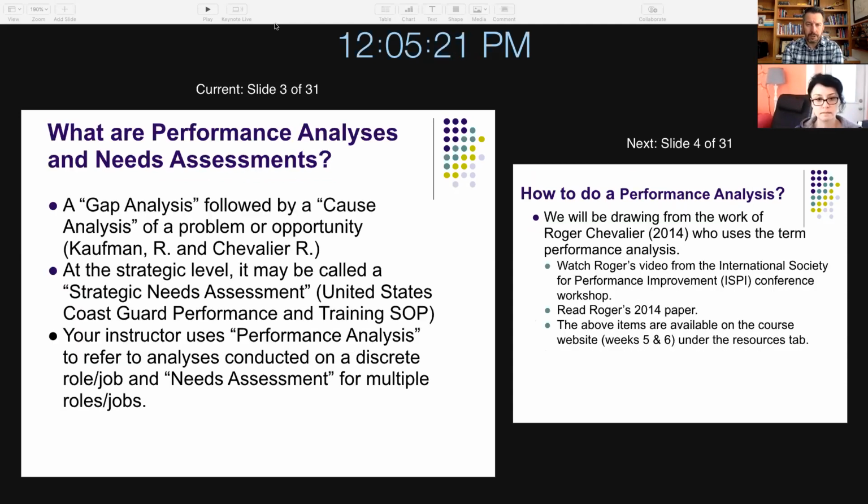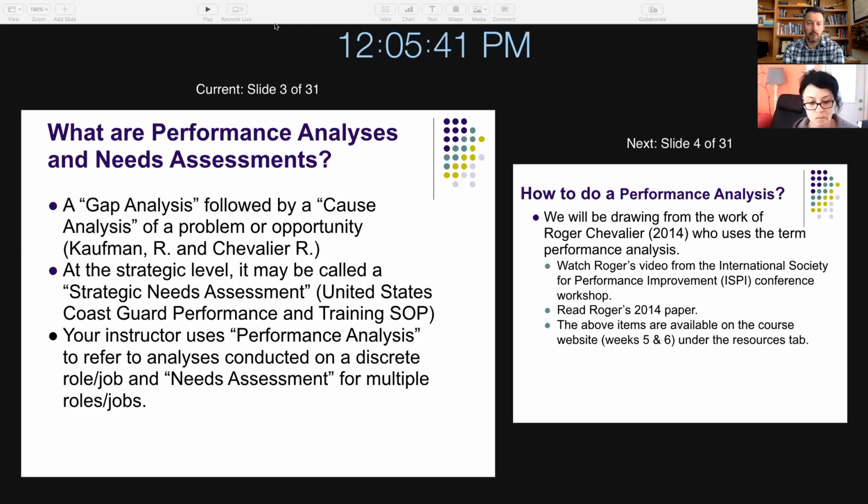So what we're doing for this assignment is either a performance analysis or a needs assessment. Now, they're really the same process. It's just a matter of what level you're looking at the problem from, and also which author you're reading.